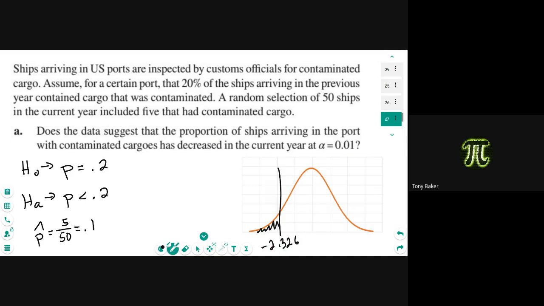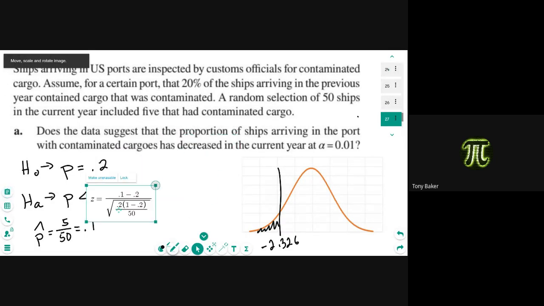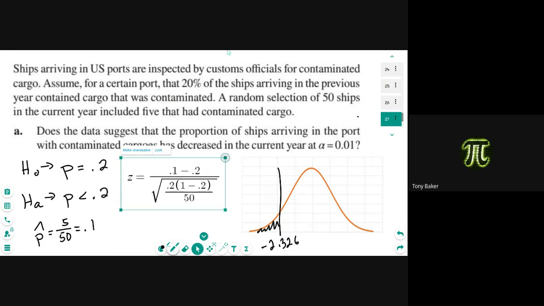The reason it's negative is because we're looking for less than. Yeah, we're on the negative side of the graph. So that should have been your formula.